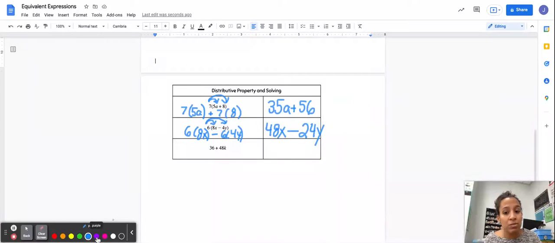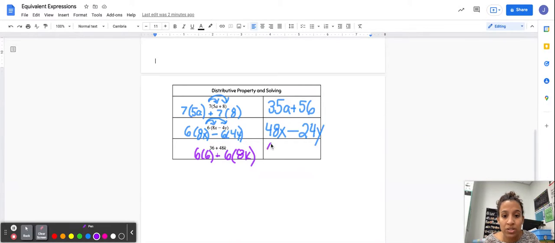Our last problem is just a little bit different. We're going backwards this time. So we're going to pull out our common factor and rewrite using what we know about the distributive property. I'm going to use 6. I know that 6 is a factor of both 36 and 48k. So I'm going to say 6 times 6 is 36, and 6 times 8k is 48k.